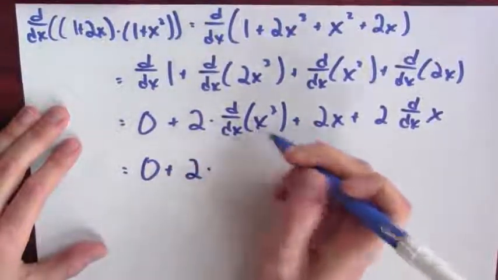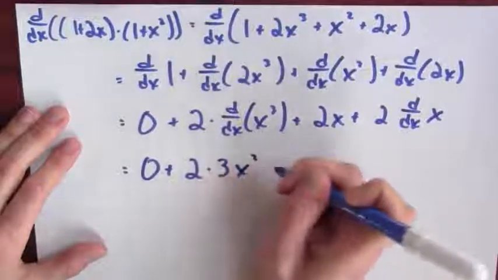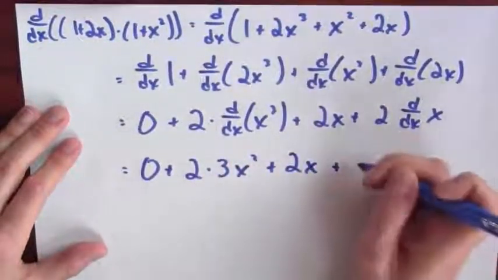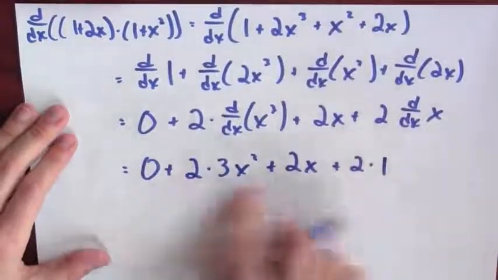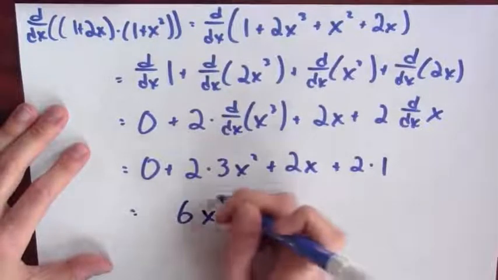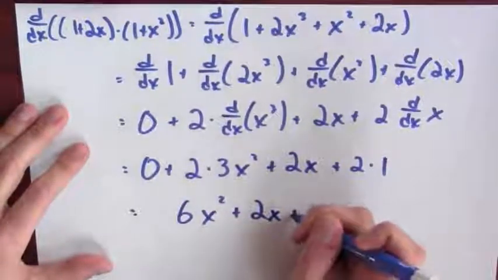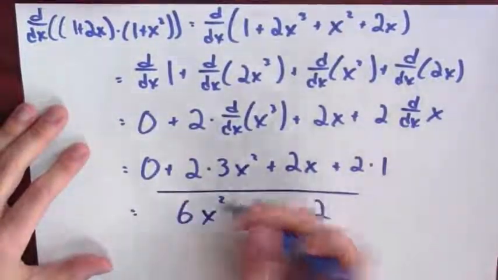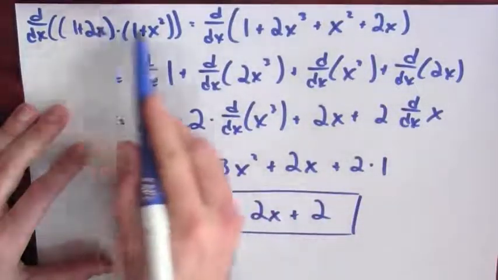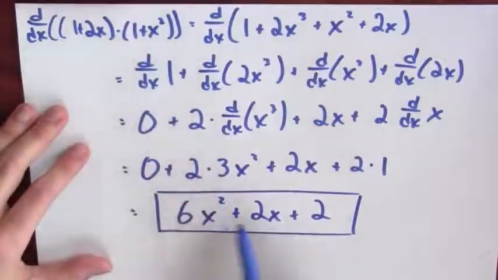That's 2 times the derivative of x cubed is 3x squared, plus 2x plus 2 times the derivative of x, which is 2 times 1. And then I could write this maybe a little bit more nicely. This is 6x squared plus 2x plus 2. So this is the derivative of our original function.